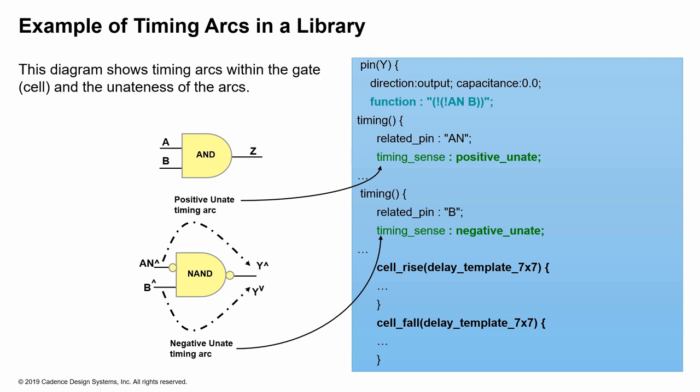Each related pin under the timing section of the output pin represents a timing arc. The unateness of a timing arc is specified in the library by the timing sense attribute. When net B is rising, net Y is falling. Therefore, the timing arc is negative unate. When net A is rising, net Y is rising. Therefore, the timing arc is positive unate.